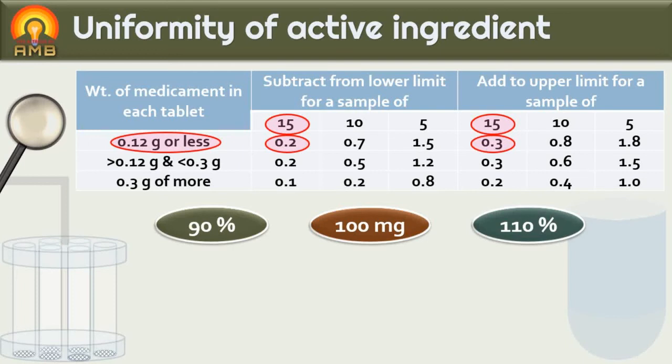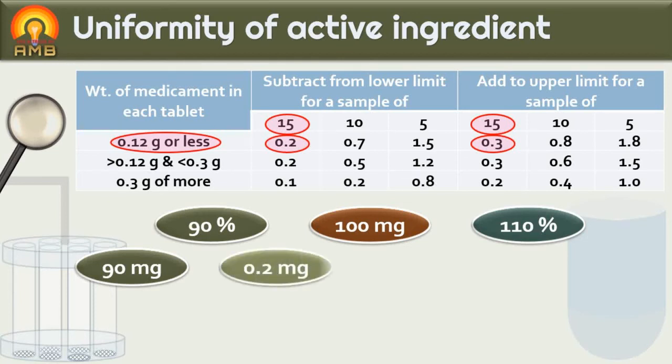90% of 100 mg is 90. 0.2 can be subtracted from 90, that is 90 minus 0.2 is equal to 89.8 mg. As we take a smaller number of tablets, instead of 90 mg, a minimum of 89.8 mg concentration of drug can be allowed in the tablet.